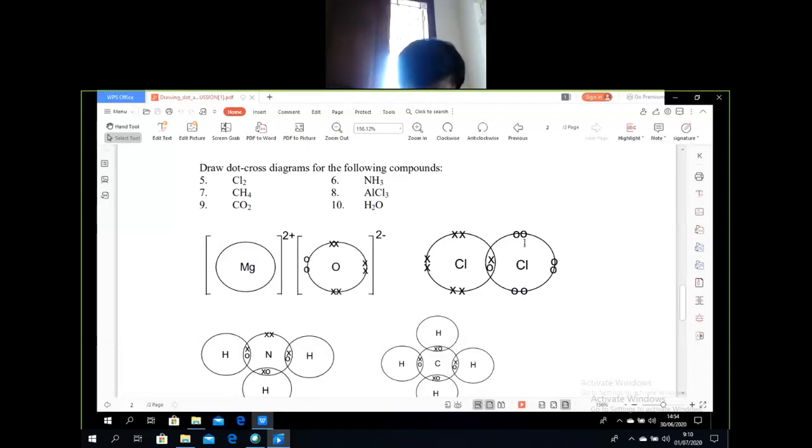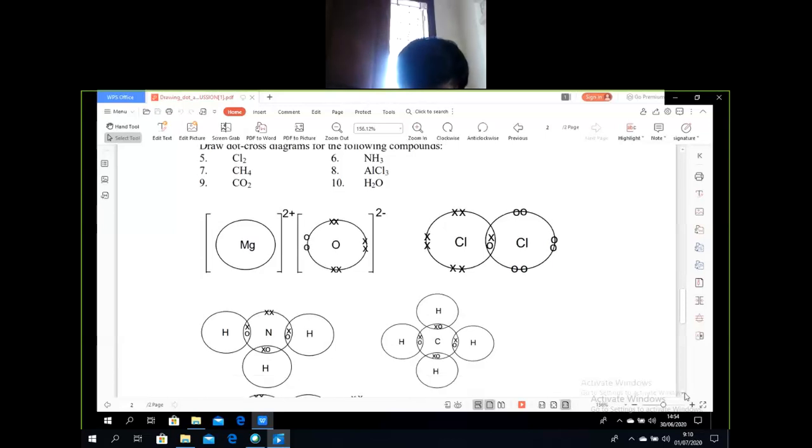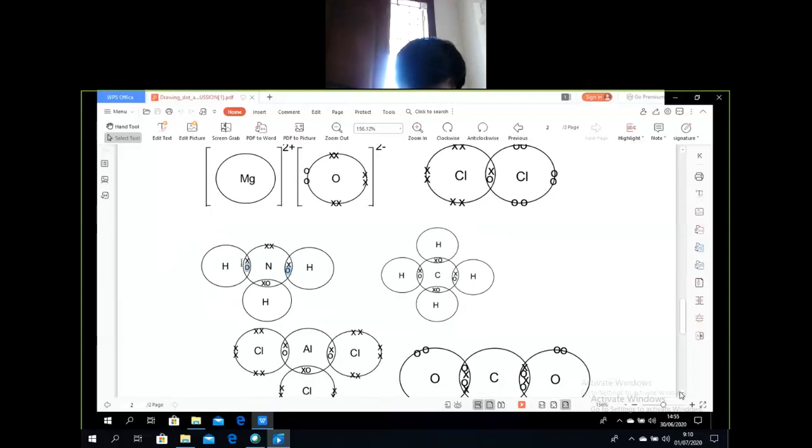And then for NH3, ammonia, here there are 3 bond pairs and 1 lone pair, as we studied last time about VSEPR.